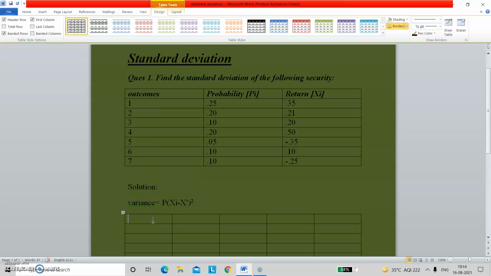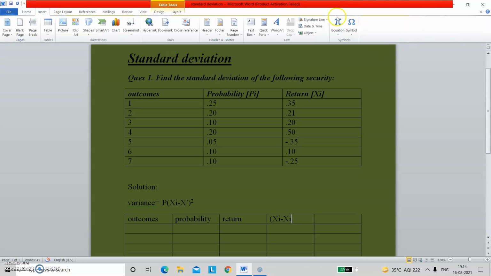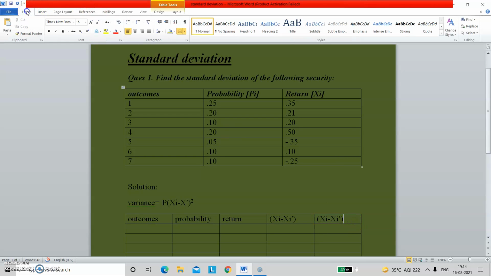So now we are going to start our question. We are going to write here the outcomes, here the probability, return, right? Now we are going to write xi minus xi bar, right? Bar means the expected return. The next would be the square of this, the square of this, fine.